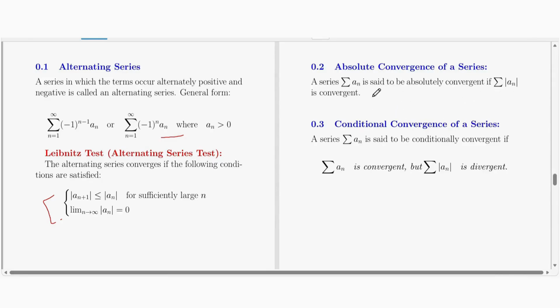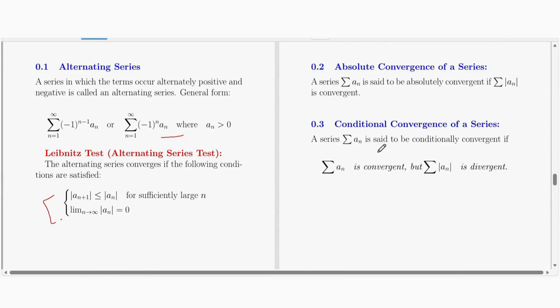Here the series a_n is an alternating series. For this alternating series, take the absolute value. After taking the absolute value, it becomes a positive term series. Then check the convergence of this positive term series. If this positive term series is convergent, then it is absolutely convergent.